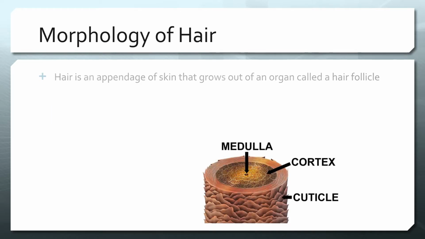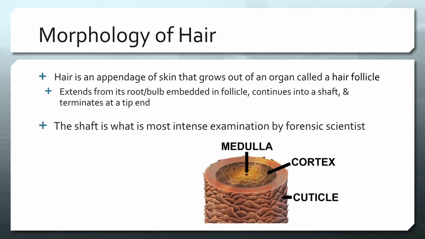So let's look at the morphology of hair, or the structural characteristics of hair. Hair is considered to be an appendage of skin that grows out of an organ that we call a hair follicle. So it's like an arm, an ear, a leg. It's an appendage.